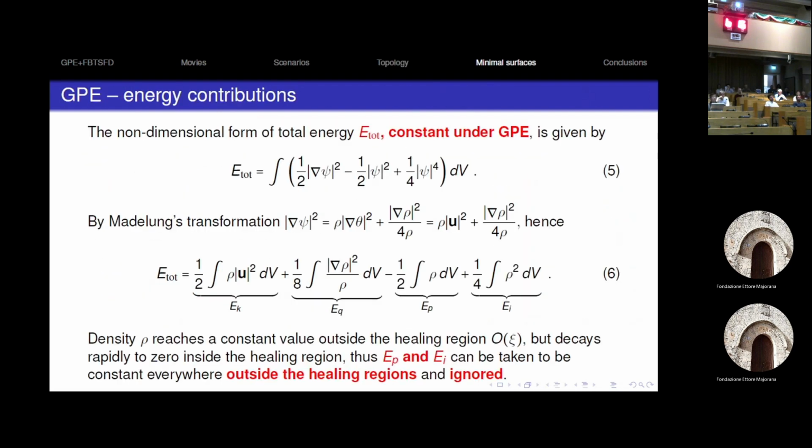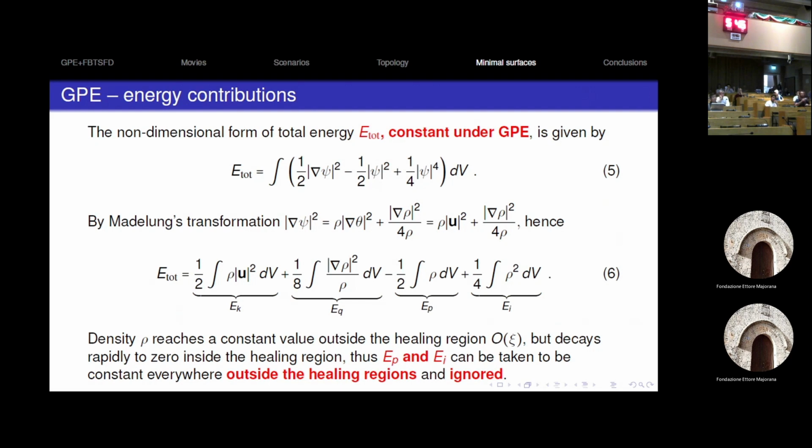Now we talk about energy. This is the way to compute energy for the Gross-Pitaevskii equation. By Madelung transformation, you can divide it into 4 contributions, which are more classical because you have kinetic energy, this new term, which is quantum, we call quantum energy, and then you have potential energy and internal or interaction energy.